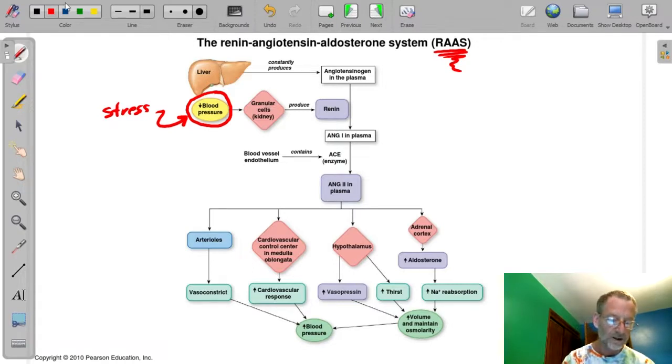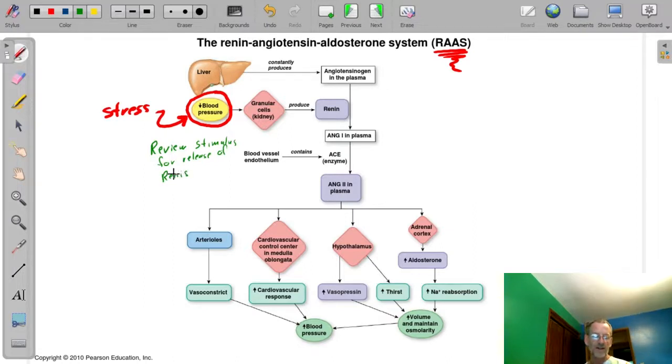So we looked earlier at several ways of stimulating those granular cells to release renin. So I might say review stimulus for release of renin.